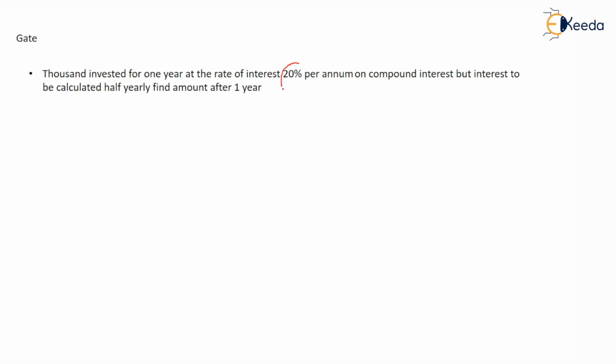It's 20% per annum, but the interest is calculated half yearly, so what is half of it? It is 10% per half year.